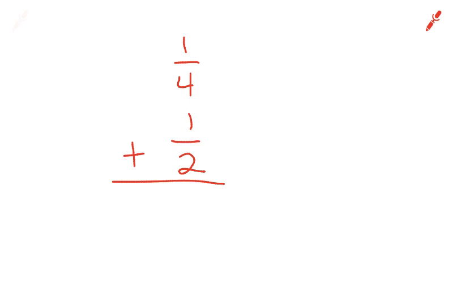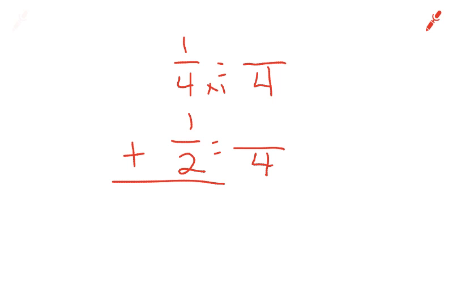They've got to be common, they've got to be the same. What does 4 and 2 go into? And what we're doing is we're finding our LCD, our lowest common denominator. Kind of like our LCM, lowest common multiple, same idea. What does 4 and 2 both go into? The lowest number they both go into is 4.